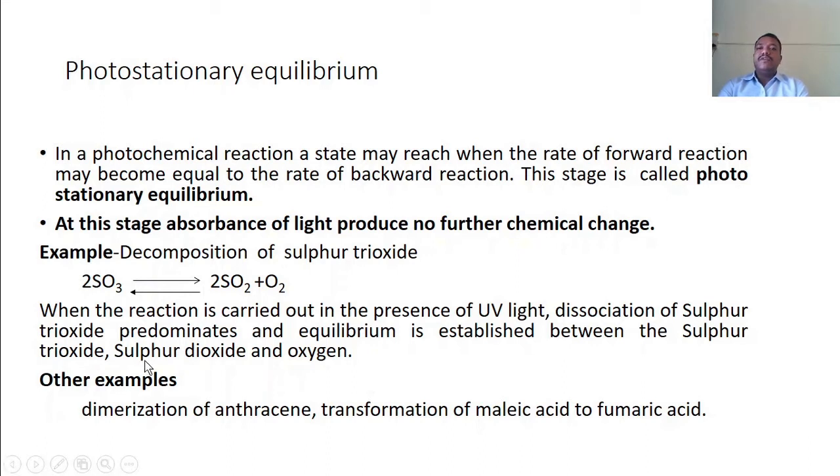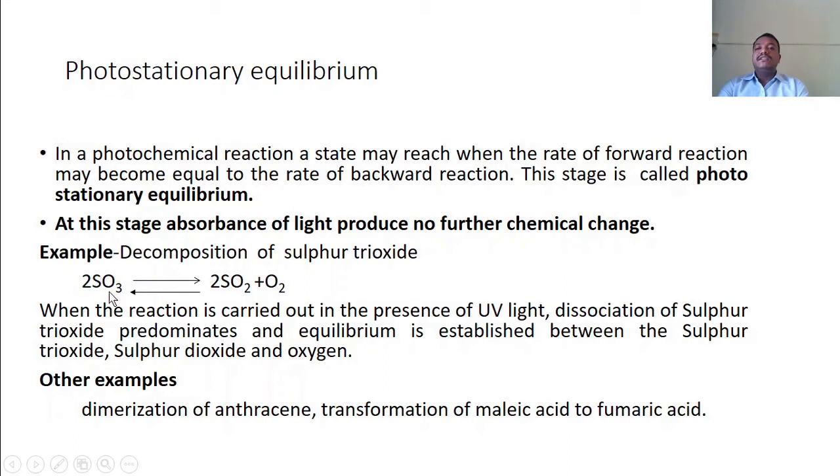An example of a reaction which shows photostationary equilibrium is the decomposition of sulfur trioxide. The forward reaction, that is the decomposition of sulfur trioxide to sulfur dioxide and oxygen, is a photochemical reaction, whereas the reverse reaction, that is the oxidation of sulfur dioxide to sulfur trioxide, is a dark reaction.